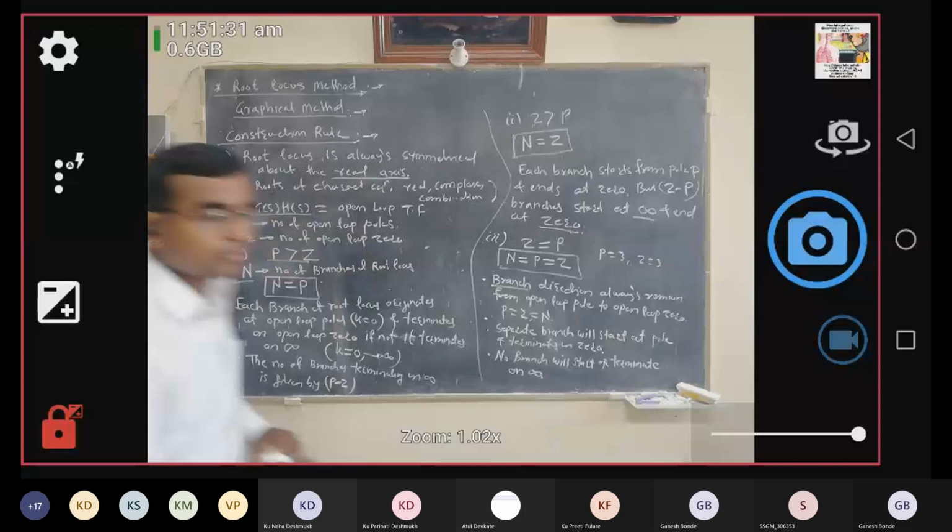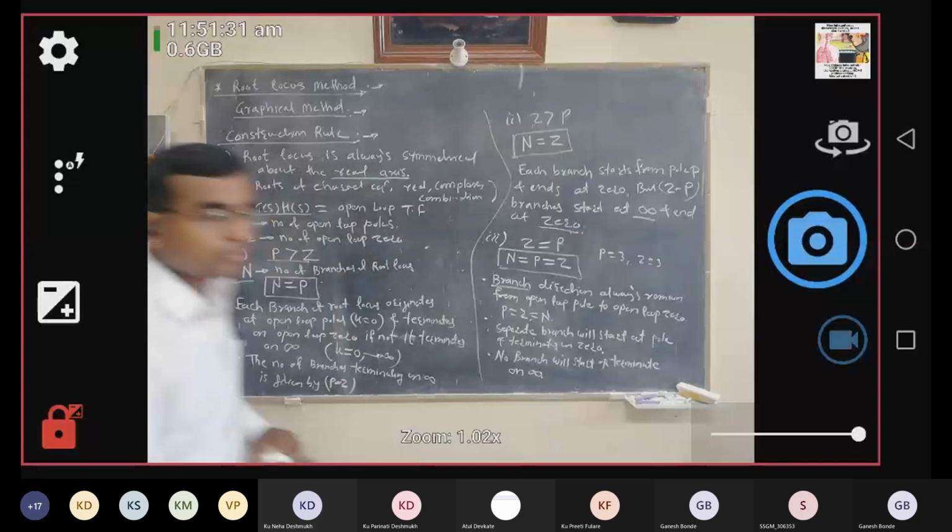Write down step number 3: existence of root locus on the real axis.